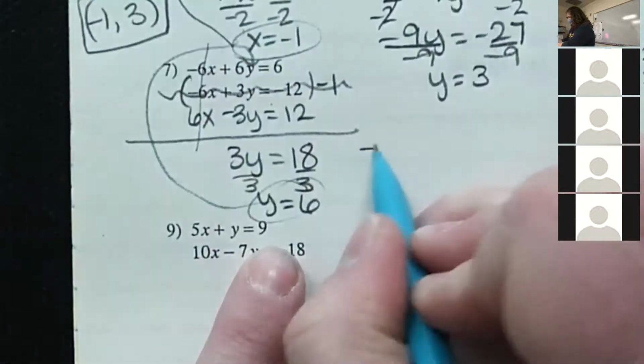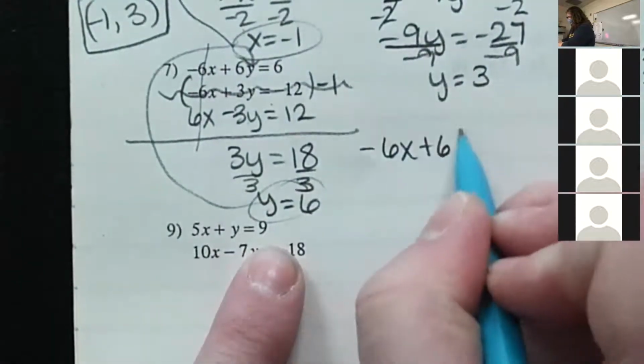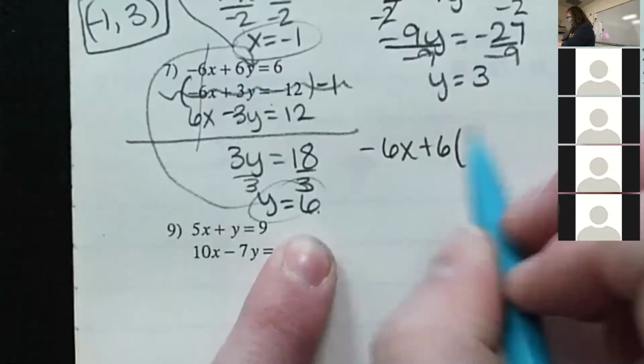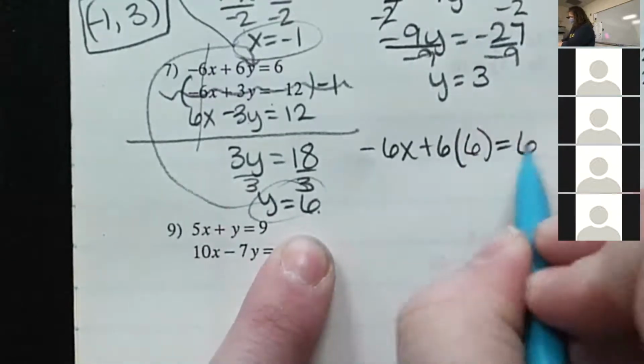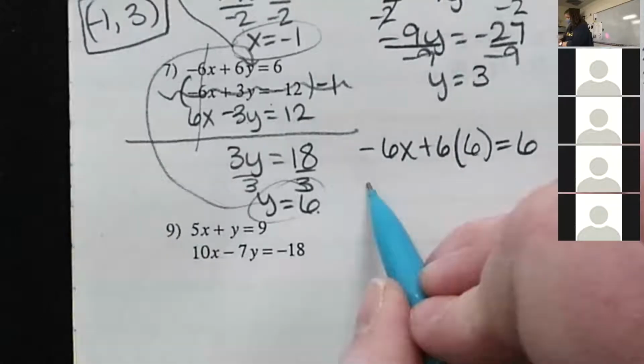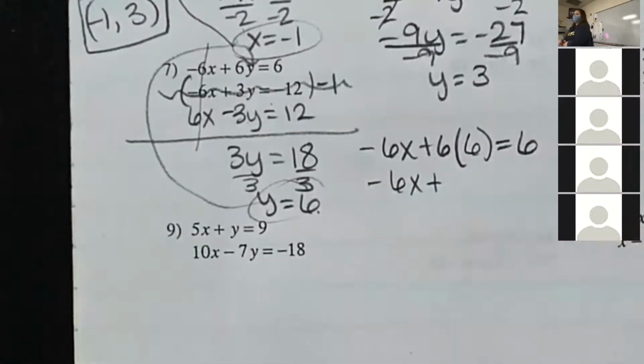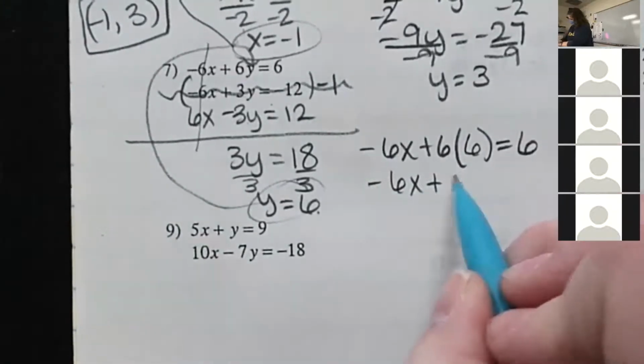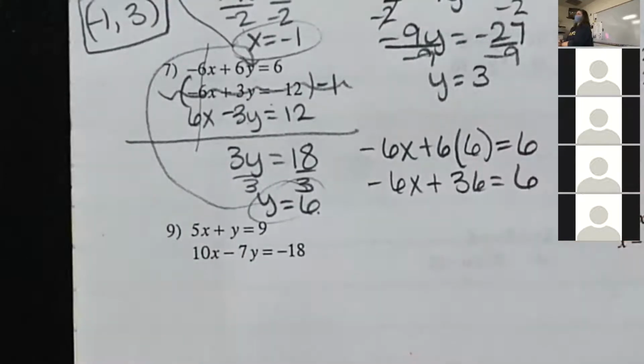Top, sure, why not? Negative 6x plus 6. Instead of y, I'm going to write what y is. It's the 6 equals 6. That's a lot of the same number. Negative 6x plus, what's 6 times 6? 36 equals 6. How do I get rid of that plus 36? Minus it, good.